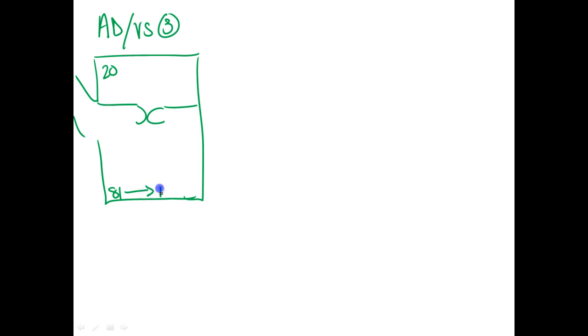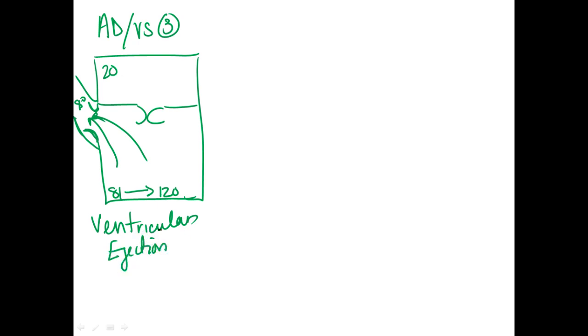We've contracted and we're going to contract all the way up to 120. Well, since we are at 80, we now have opened our semilunar valve. We are exceeding the pressure in the aorta, and blood will leave the heart. This is referred to as ventricular ejection. And this is going to occur as long as the ventricular pressure is higher than the aortic pressure.